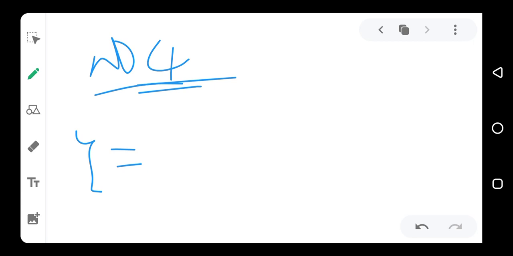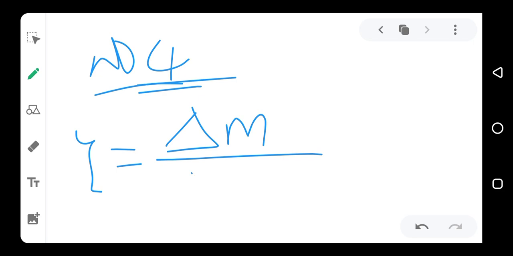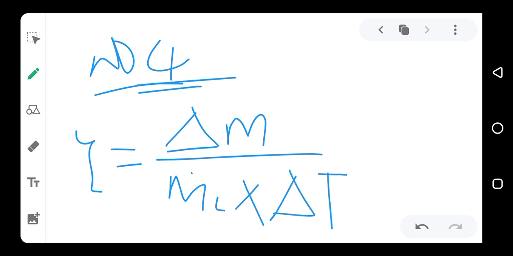of the object, change in mass all over the mass left, times change in temperature. Or if it is volume that is given to us, we say change in volume.